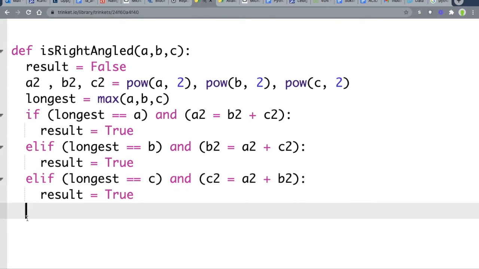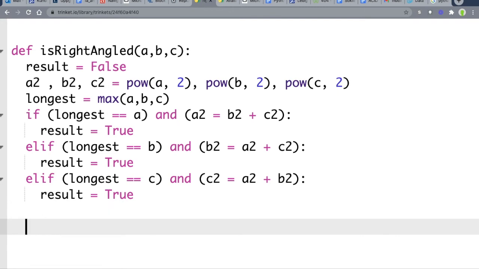Otherwise, if none of these are true, it means that the triangle is not a right angle triangle. So we should return the result. The result is false from the beginning, and if any of these conditions are true, the result should be changed to true.